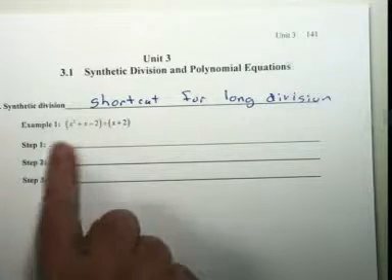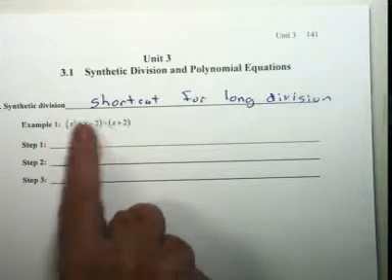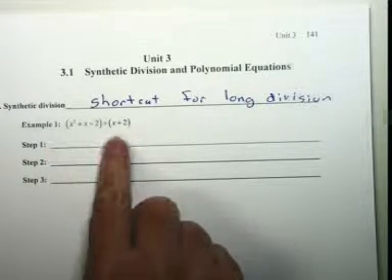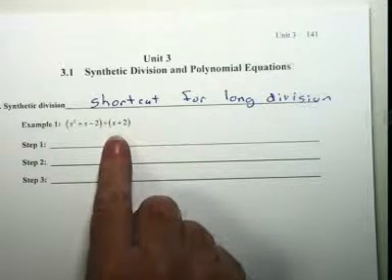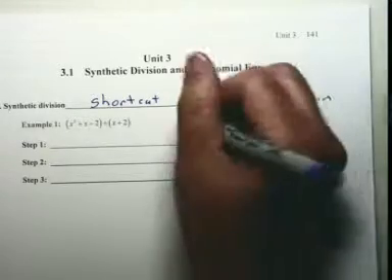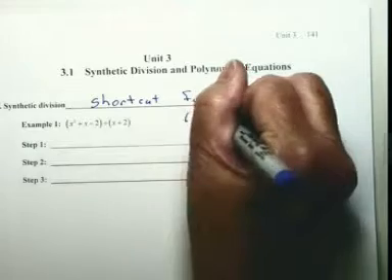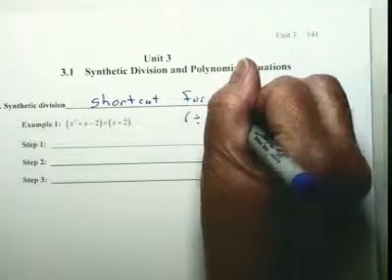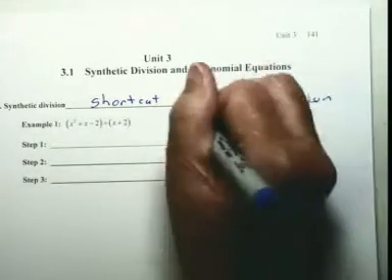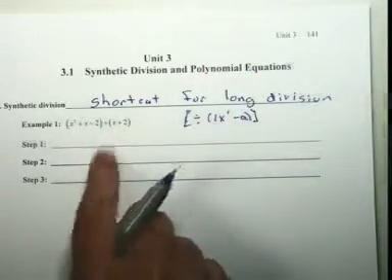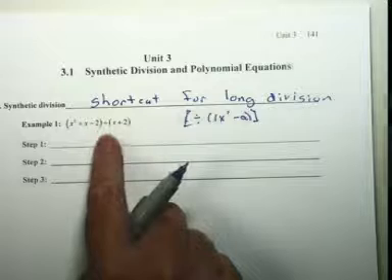What we're going to have here is some polynomial. Polynomial just means many terms, and we're always going to be dividing by a binomial. Synthetic division only works if what you're dividing by is 1x to the first plus or minus some number. It would not work if we were dividing by 2x or by x squared.